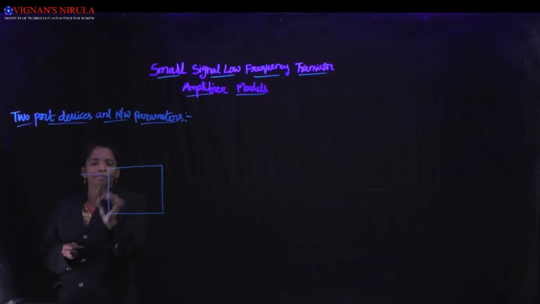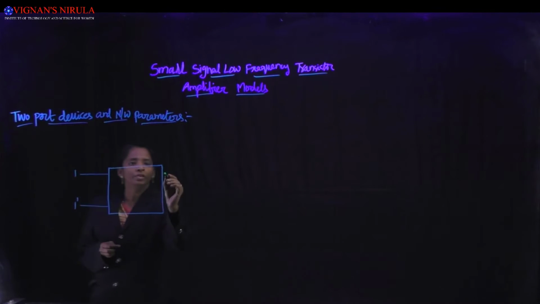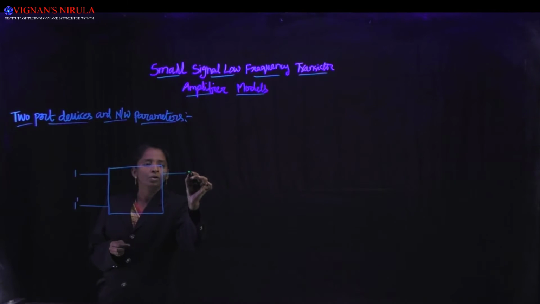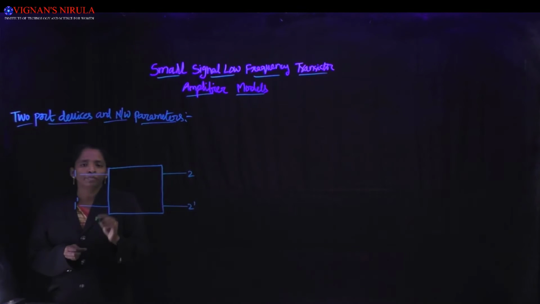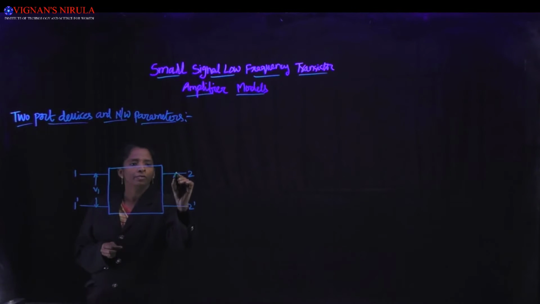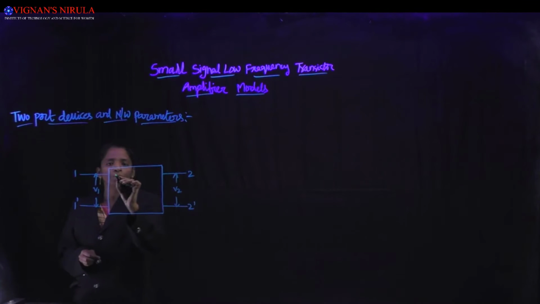Port 1 is represented as 1 and 1 dash and port 2 is represented as 2 and 2 dash. The voltage between port 1 is V1 and port 2 is V2. This is the two-port network.